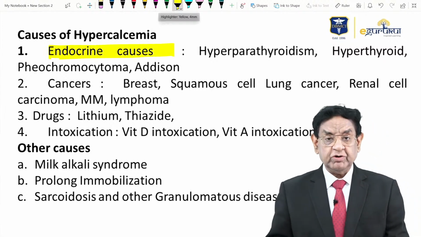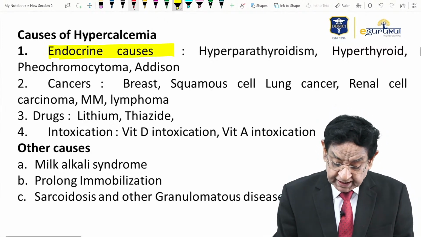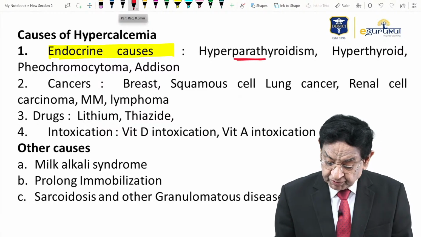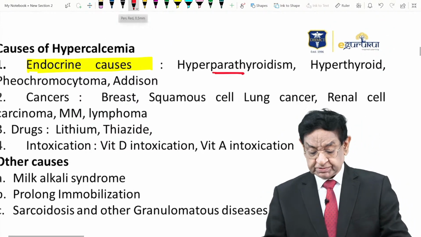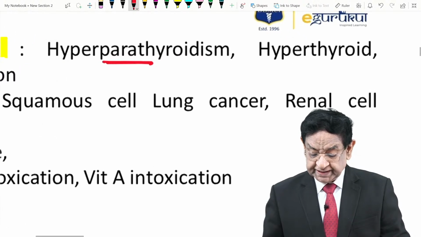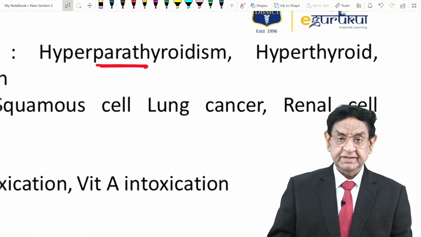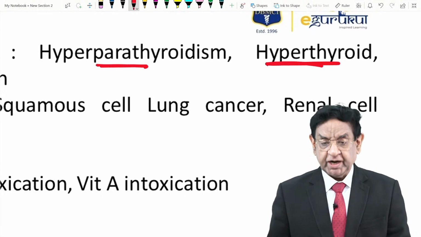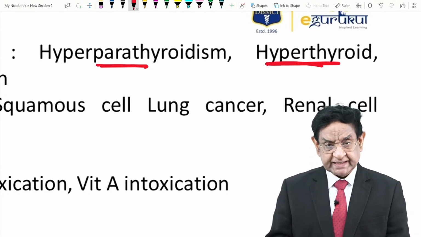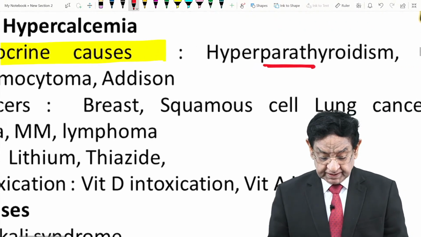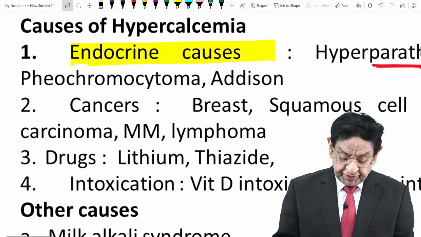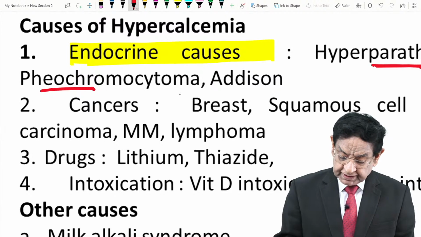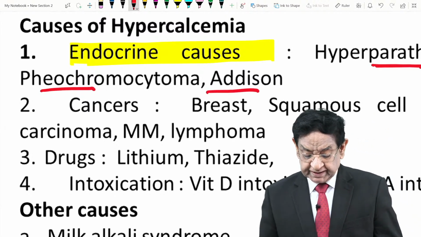Regarding hyperparathyroidism, we know the basic mechanism also, because it's all due to increased activation of the osteoclast. But in hyperthyroidism also some amount of hypercalcemia can occur. It can occur in pheochromocytoma also.